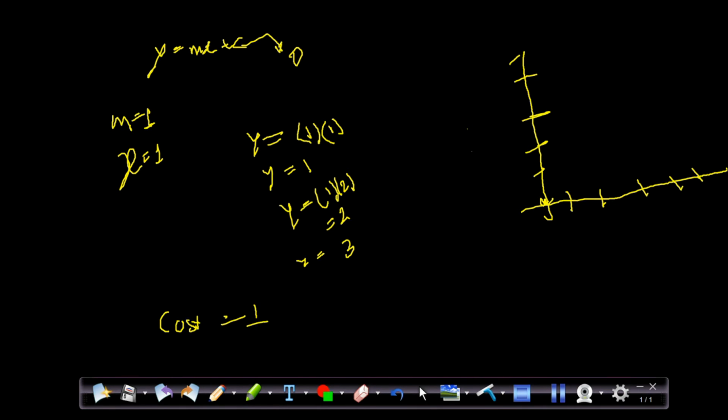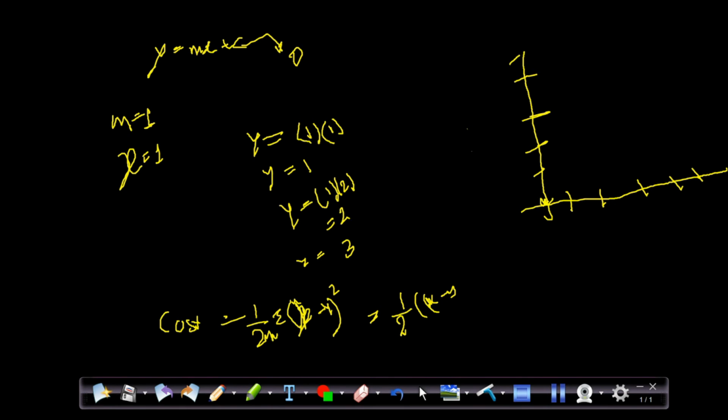The cost function is 1 upon 2m into sigma, the summation of (y hat minus y). So what is the value of our m? I have taken m as 1, so 2 into 1, that is 2, and the summation of all the values of (y hat minus y) whole square. Pardon me, this will be x, not y hat.